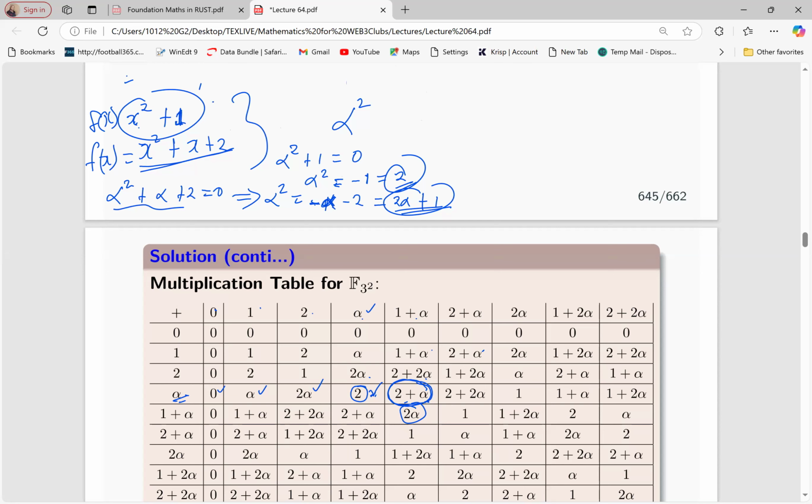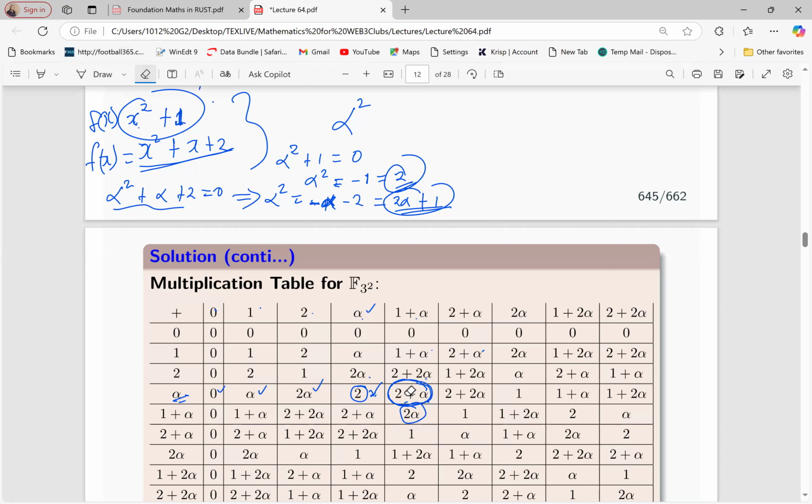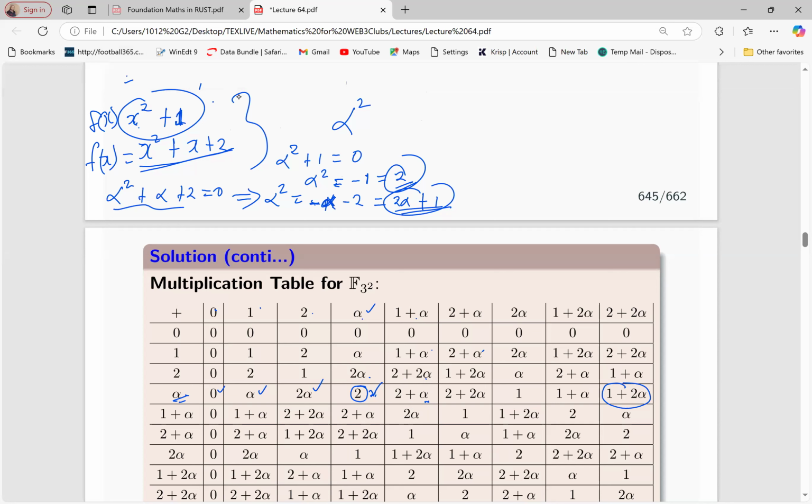No, it's not this one. It's 2 alpha plus 1. It will exchange with that one, so it will just be the same. The table will have all the elements of this set. So that's what we've seen.